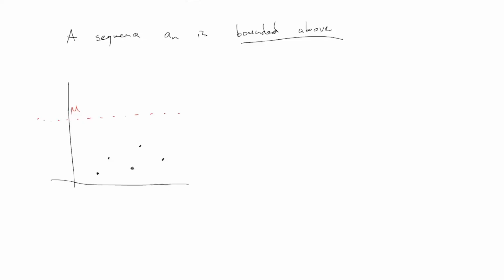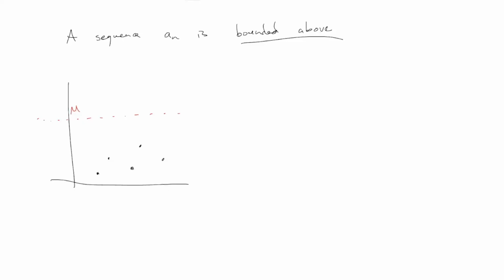Could I write this in formal language here? What I want to say is basically all these numbers always stay underneath this m. So bounded above means, first of all, there is some number m, and all the terms are below m.